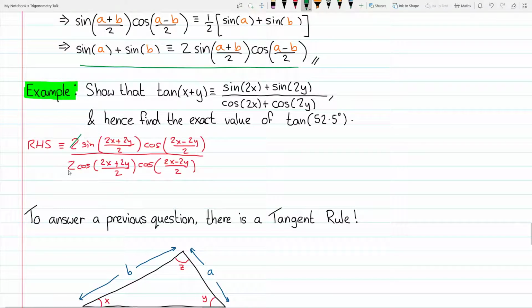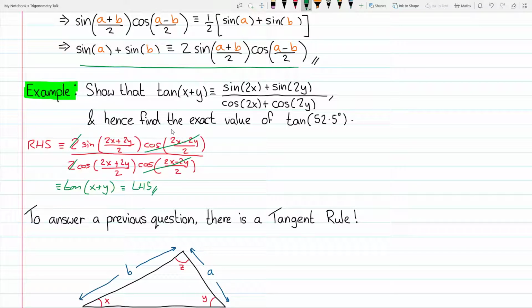Because these two cancel, this cancels, and so what we're left with is sine of this argument divided by cos of this argument, which gives us tangent of this argument. And 2x plus 2y divided by 2 is simply tan of x plus y, and this is equal to the left-hand side. So we've shown that the right-hand side is identical to the left-hand side, and so we've shown the identity is true.